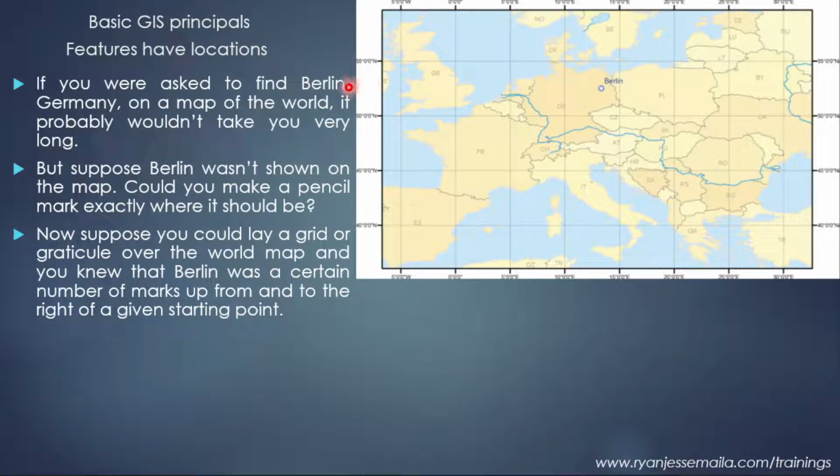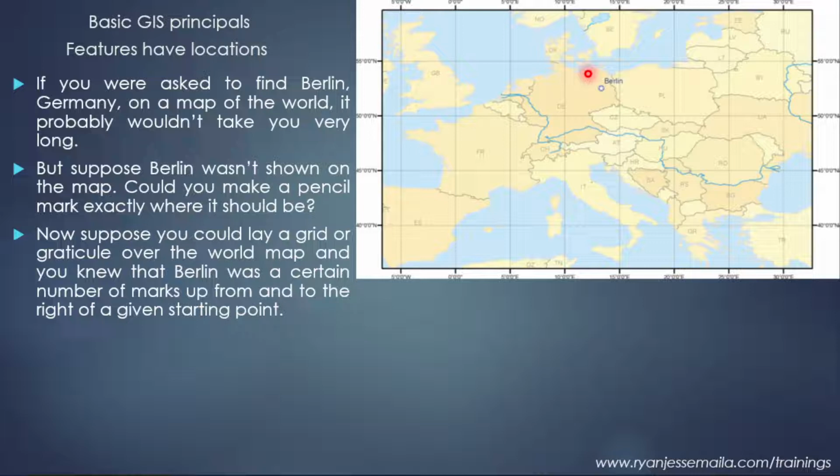So as you can see, the grid that we're talking about, which has already been laid here, is these horizontal lines and vertical lines, which are longitude and latitude. And these represent the mapped locations on the ground.